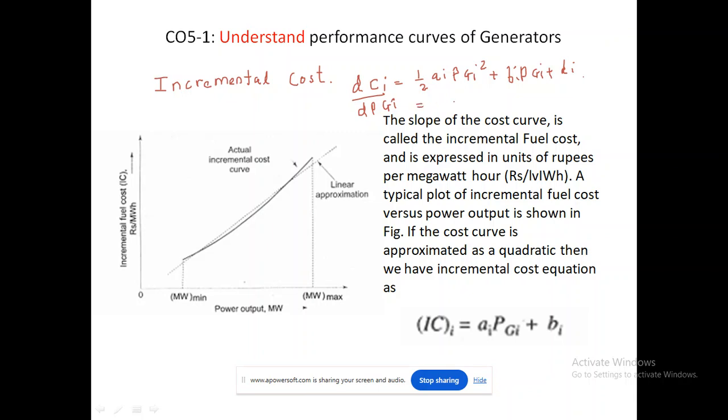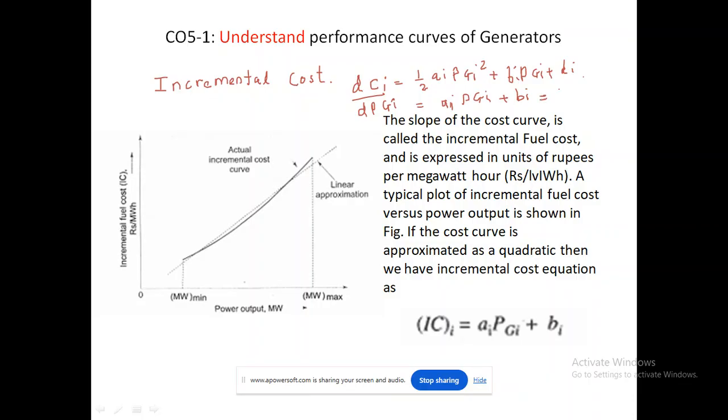then I get the equation as AI into PGI plus BI.